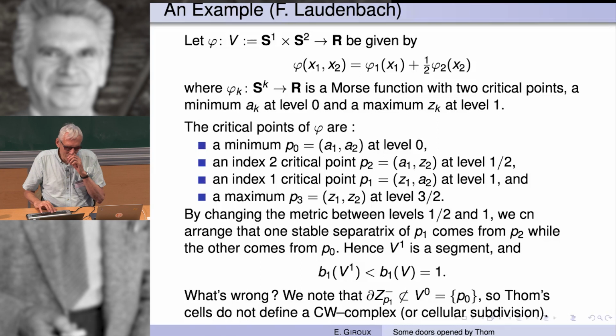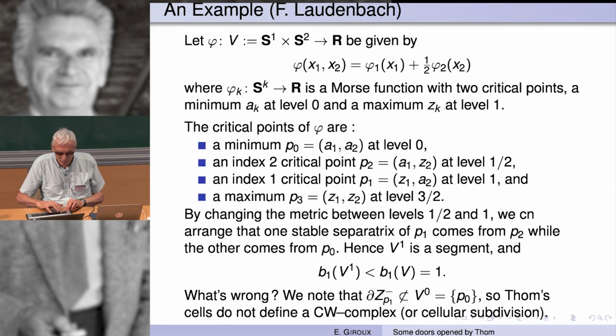Okay. So the manifold you consider is just S^1 cross S^2, and the Morse function you take is the sum of what I write. Phi of x1, x2 is phi_1 of x1 plus 1/2 of phi_2 of x2, where phi_k is the standard Morse function on the sphere, which has a minimum a_k at level 0 and a maximum z_k at level 1.